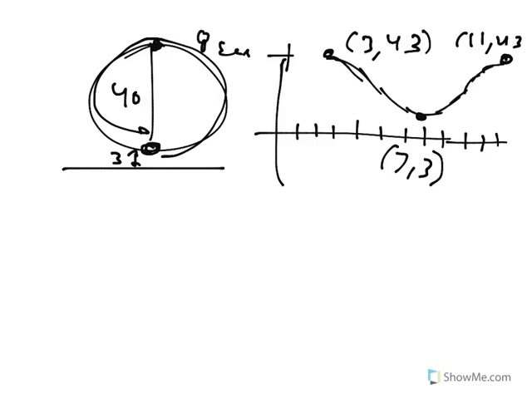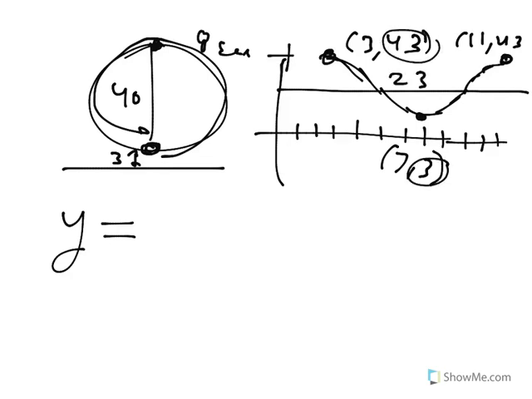And here we've got our sinusoidal. At this point we create an equation. Y equals, now it's a cosine curve. The middle line would be here at 23, the average of 46 and 3, so I'd have plus 23 over here. The amplitude is 20, so it's 20 cosine.